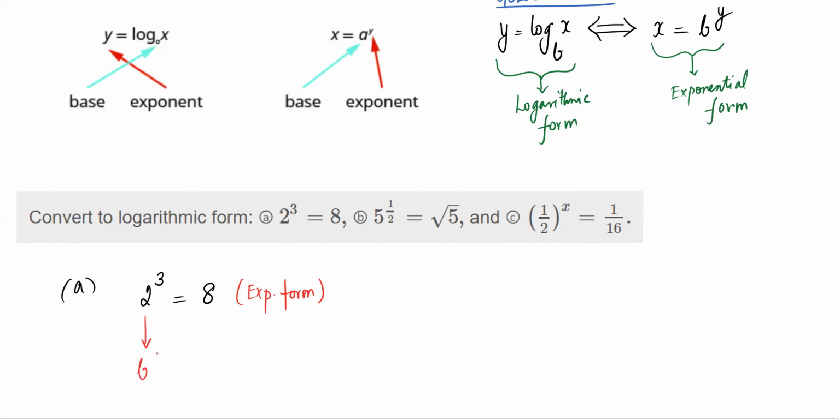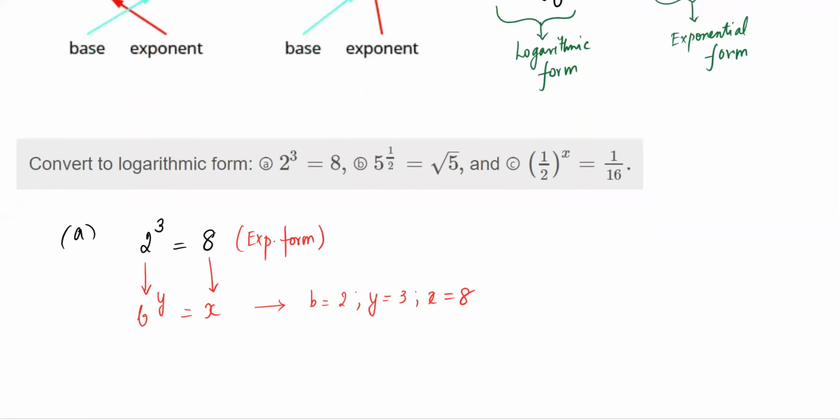So that means b power y equals x, right? That's how this should look. So in this form, b is 2, y is 3, and x is 8. Right? I don't like to write it out like that, but because I'm trying to explain it here for the video, I have them written out like that.